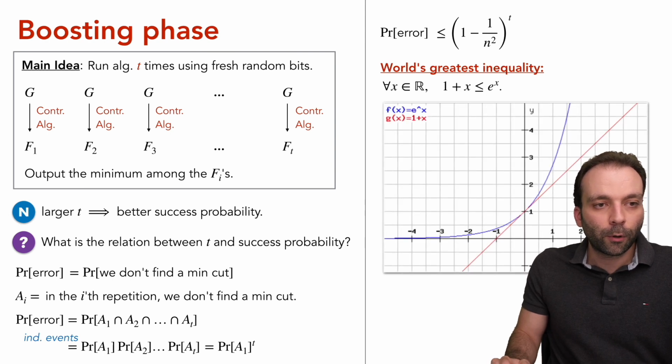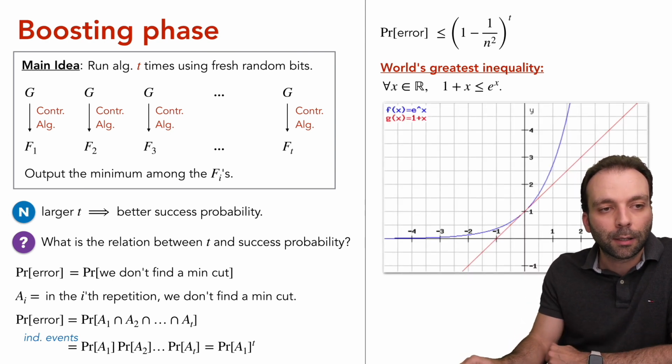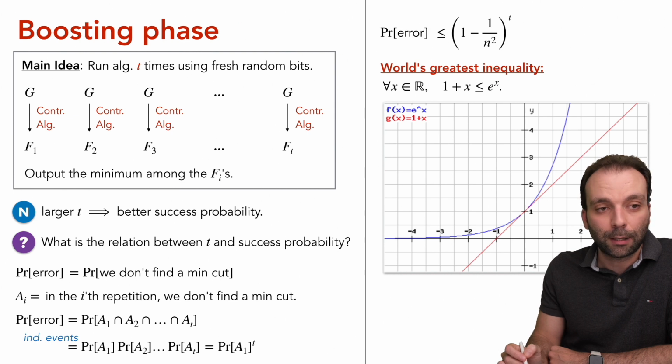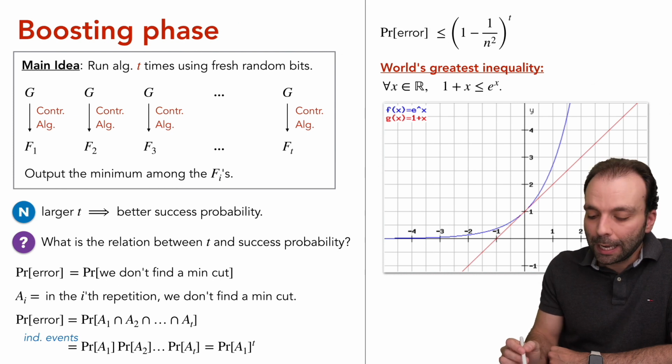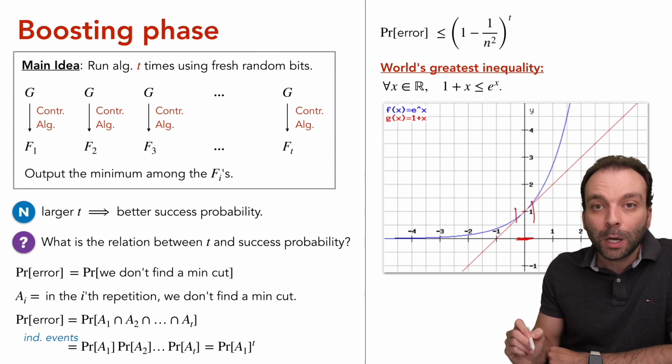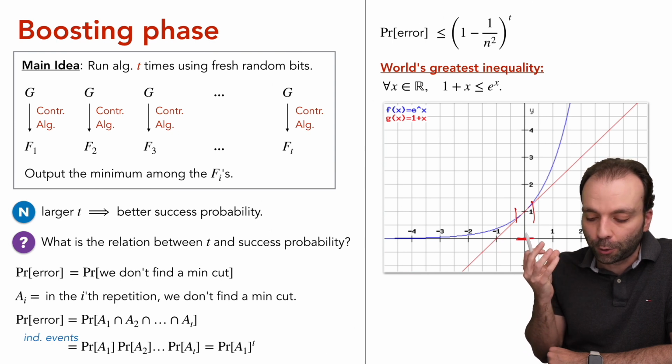Here is e to the x and 1 plus x, and you can see the e to the x line is above the 1 plus x line, and so that's it. That's the proof. And for x values close to 0, it's tight, it's close. You use this inequality when the x value is close to 0.